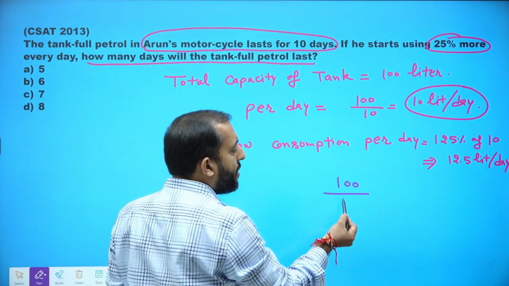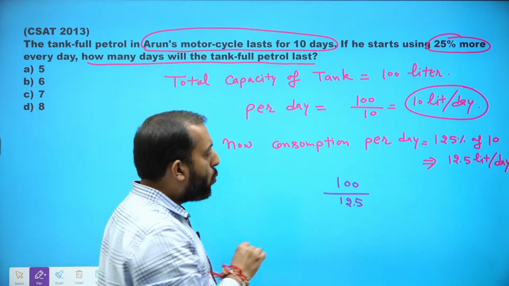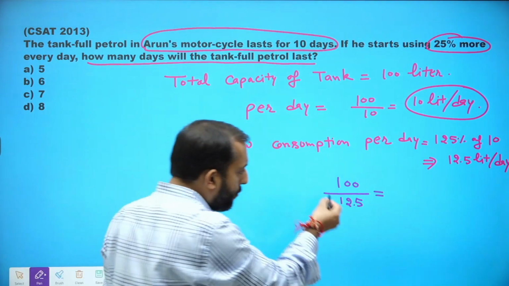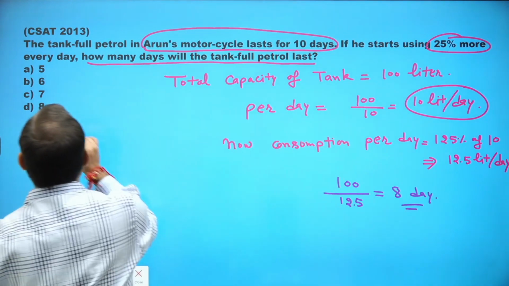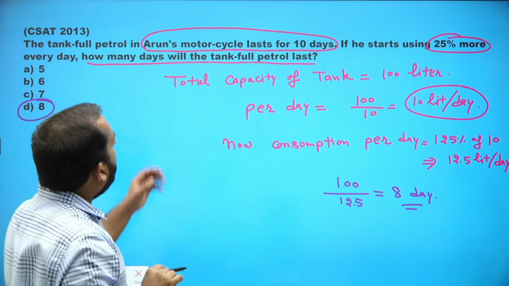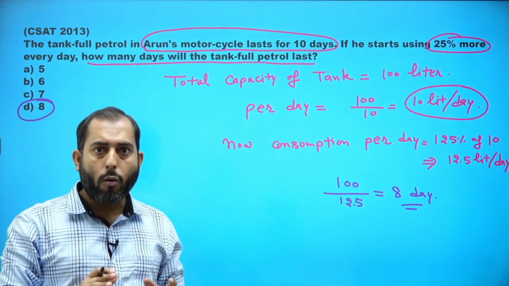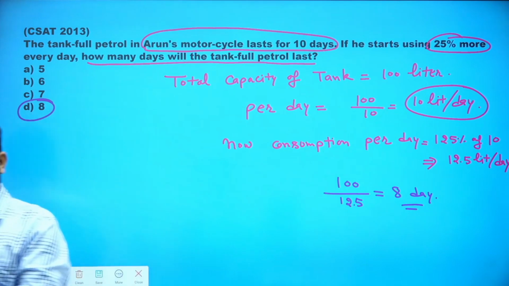So total divided by what he is using per day now will give you the number of days. If you solve this, it gives 8 days. So the tank full of petrol will last only for 8 days. Please make a note of it.